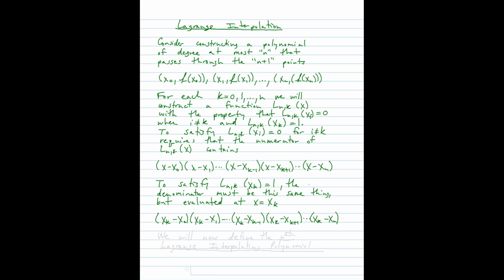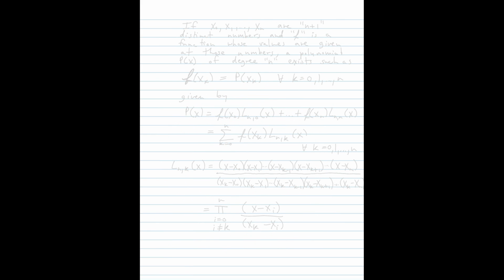So now we're going to define the nth Lagrange interpolating polynomial. If x0, x1, all the way through xn are n plus 1 distinct numbers, and f is a function whose values are given at these numbers, a polynomial p of x of degree n exists.